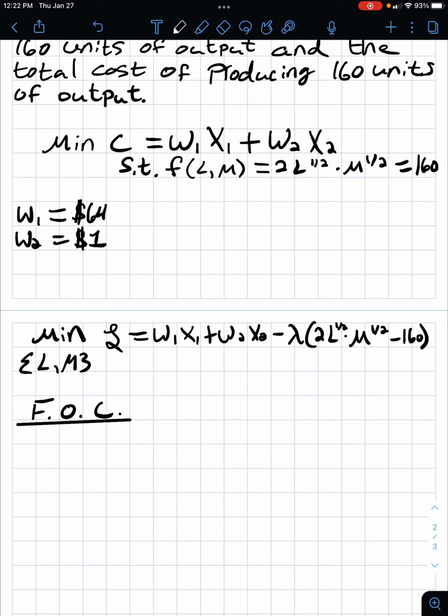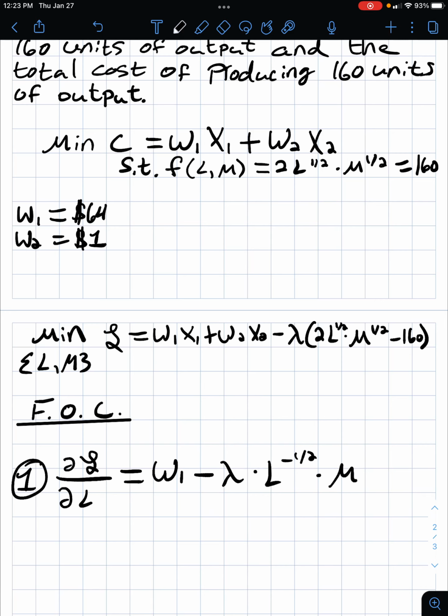The first one, number 1, let's take the partial derivative with respect to L. This would give us W1 minus lambda times L to the negative 1/2 times M to the 1/2, which is going to be equal to 0.